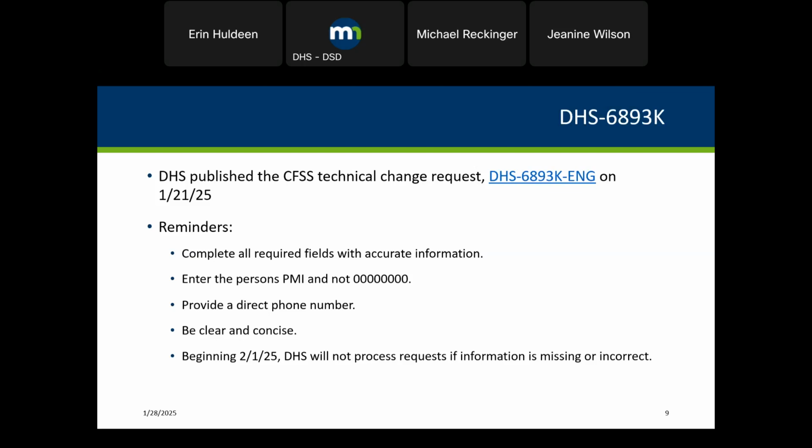This document, it's the 6893K. It was just developed on January 21st, so just last week. It's brand new information. So if you're working with an individual currently who's using CFSS and you need to request a change to the service agreement, please go ahead and use this new 6893K.